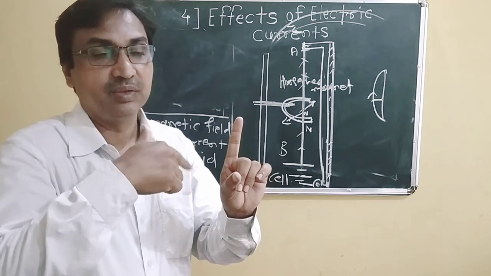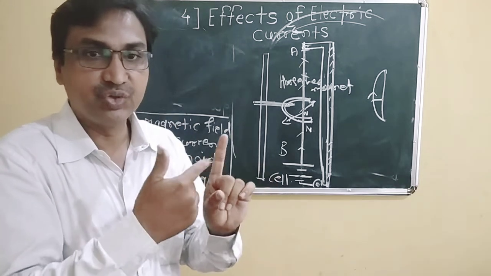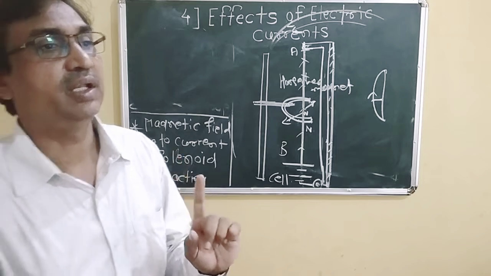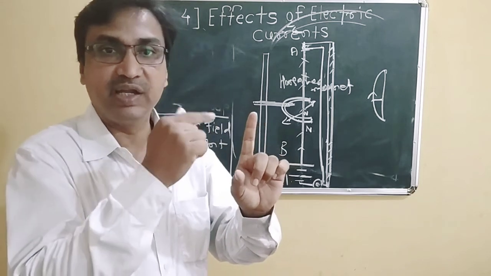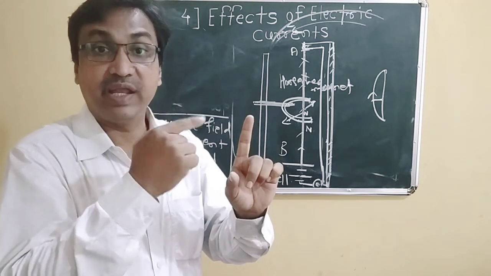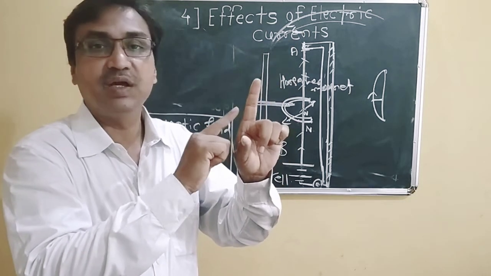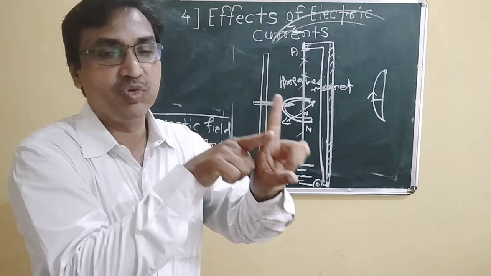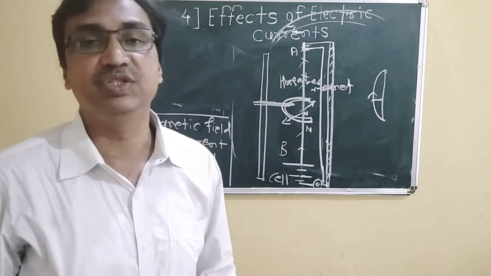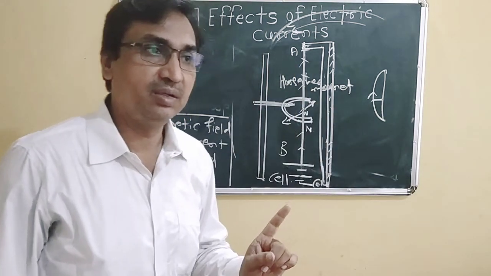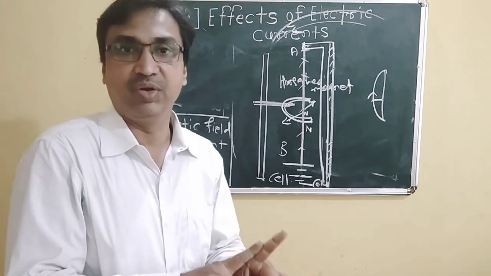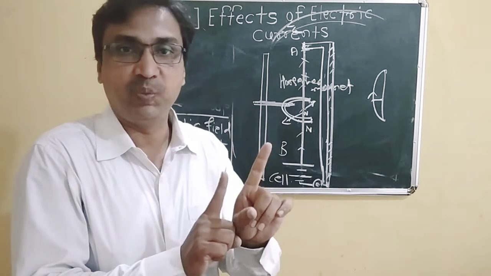And why does it bend towards either side? Because there is a magnetic field related with that electric current carrying conductor. When current is passing through the conductor, there is a magnetic field related with it. They are mutually perpendicular to each other. That means electric current and magnetic field are perpendicular to each other, and these are the two parameters.